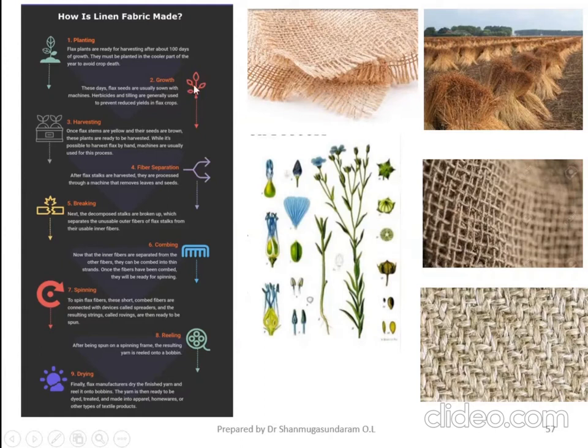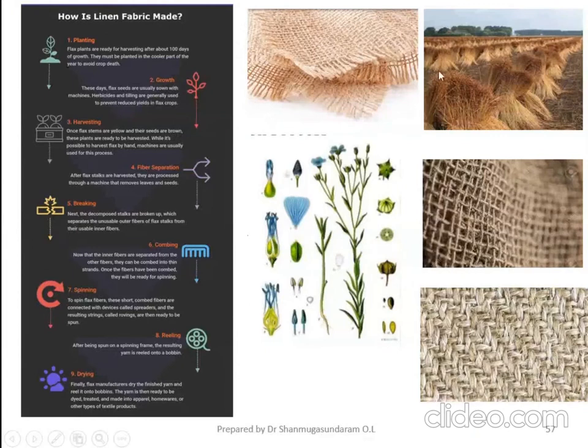Next, after full maturity, you are harvesting the fiber, then the fiber is separated, then breaking, then finally combing, then spinning process, then reeling process, then drying process. So these are all the steps involved in the extraction of flax fiber to the production of yarn. This is a simple schematic representation of your flax fiber.